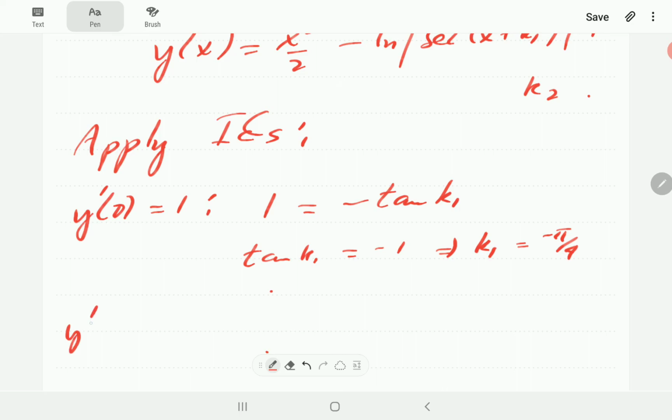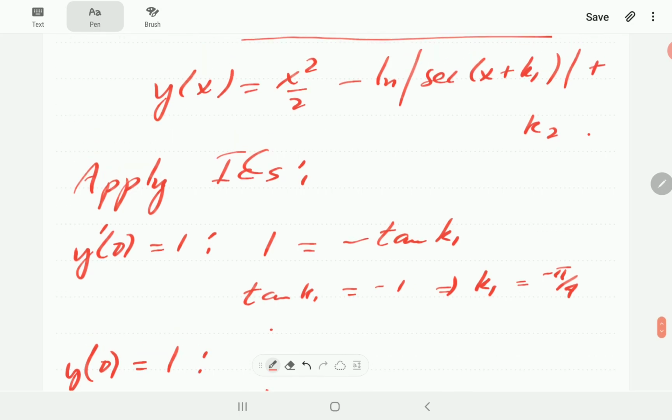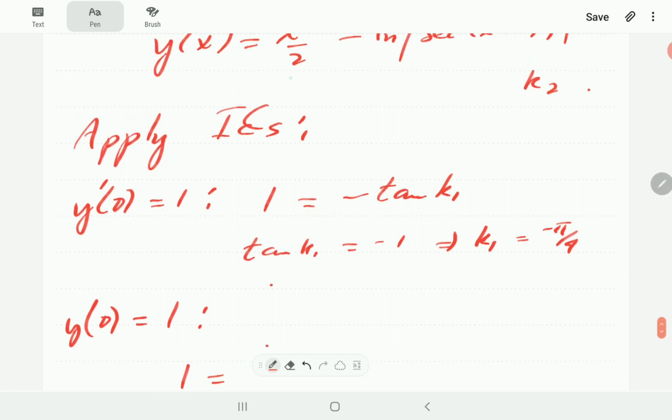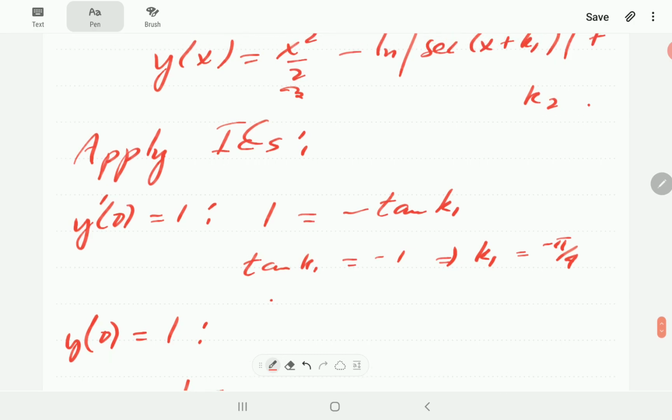Then for k2, when x is 0 again, y is 1. So now plugging into this one, we plug in 1 there. This first term disappears.